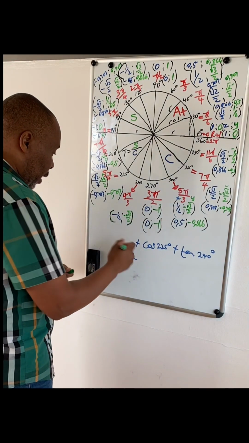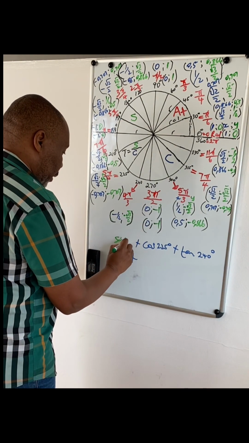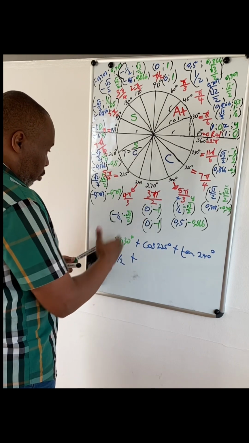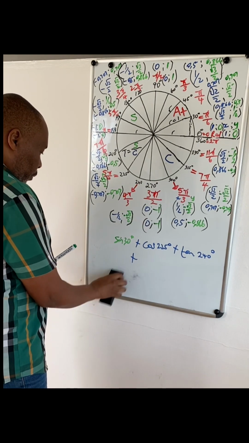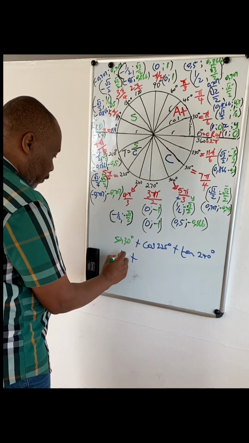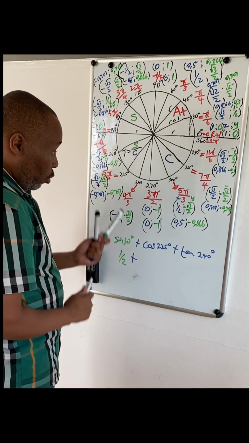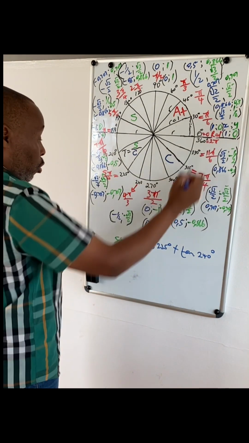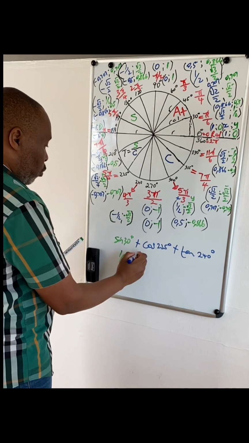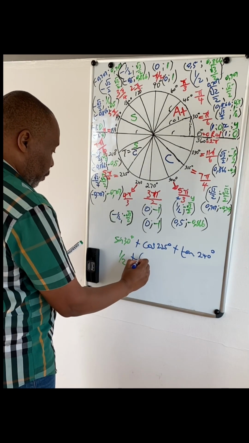Just for interest's sake, let me say sine 30 degrees, just to give you, so this would be half here. And the cos, since I used blue on cos, let me say cos 225 would be a negative.